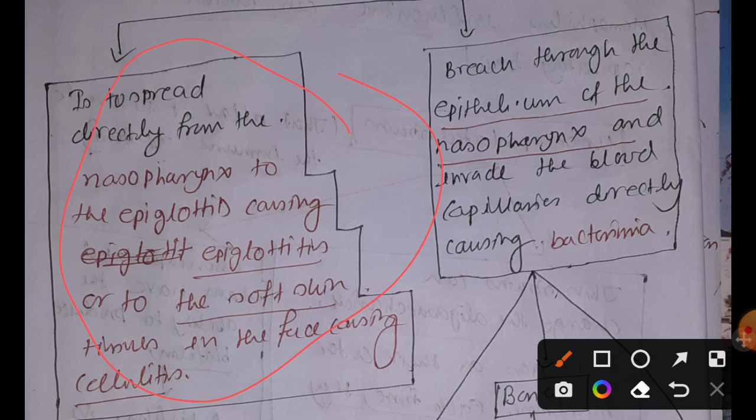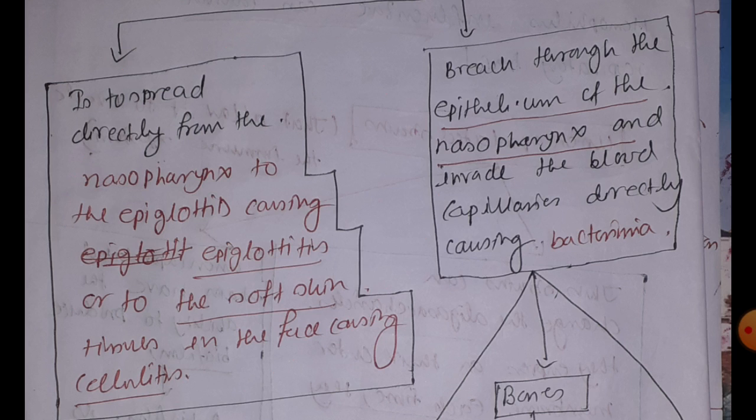After destroying the IgA, in both cases, that is encapsulated and non-encapsulated, the first place for bacteria to reside is the nasopharynx. From the nasopharynx they can directly spread to the epiglottis causing epiglottitis, or to the soft tissue of the skin in the face causing cellulitis.